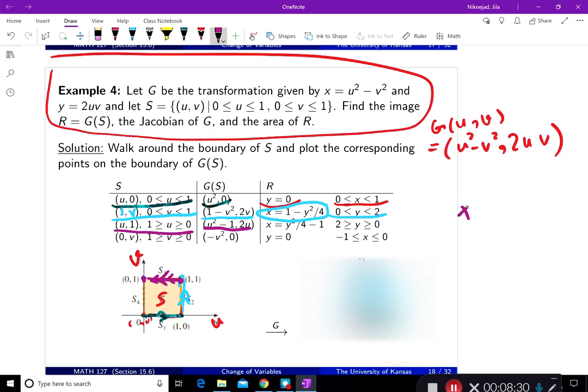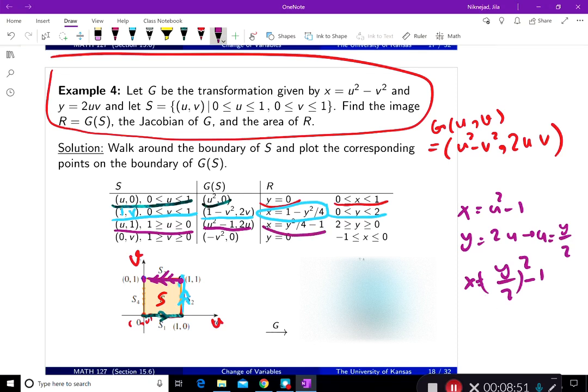So x is u squared minus 1, y is 2u, and we solve for u to get y over 2, and so x is going to be (y over 2) squared minus 1, which is y squared divided by 4 minus 1.